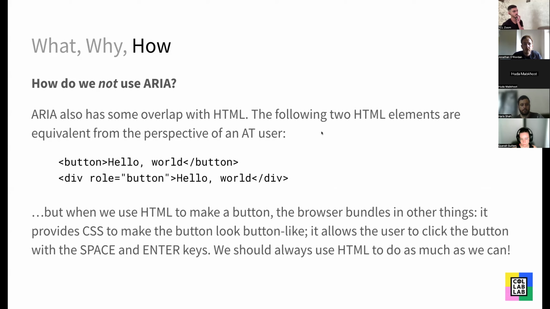Also, sometimes you have, for example, a select. So we have the native select. But some HTML elements like the select could be hard to style, and some people will then go with a div element and just make it look like a select.